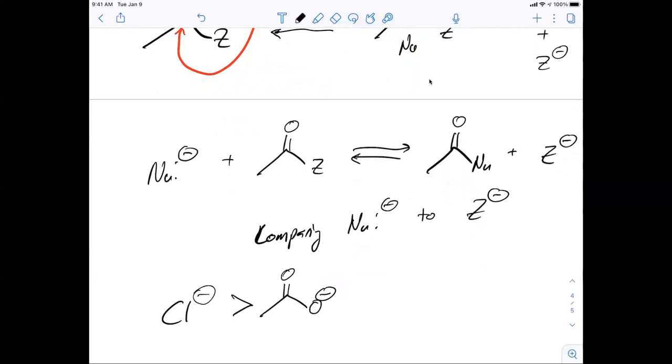And we can get this all from the pKa's of the conjugate acids, which then goes down to our methoxides, which is about the same as our hydroxides, right? So our methyls and our hydroxyl are the same, and then that's going to be better than our amides.